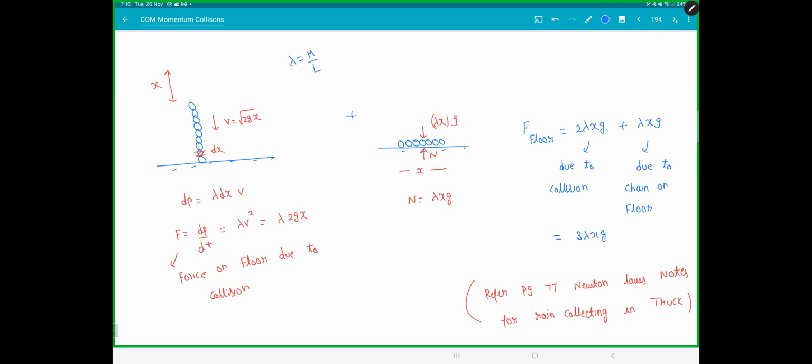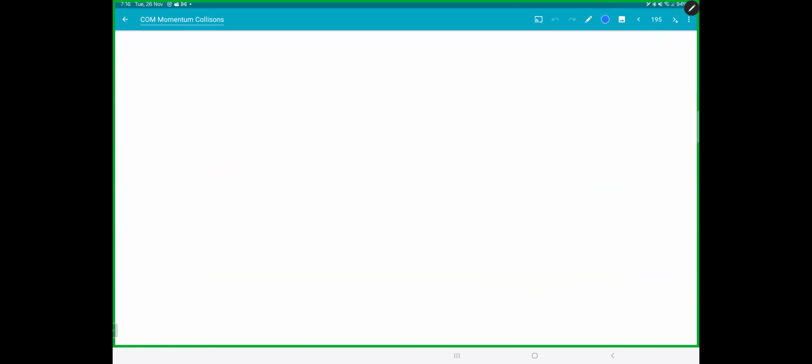Then comes your rocket propulsion. That is the main one. What happens when a rocket ejects gas and everything? How does that force work out? So let's say, consider a body of mass m moving with speed v.